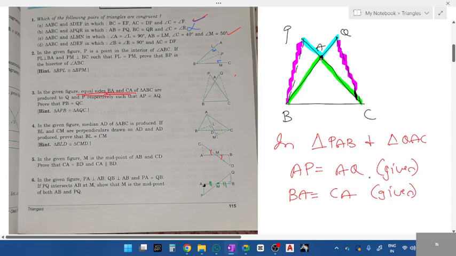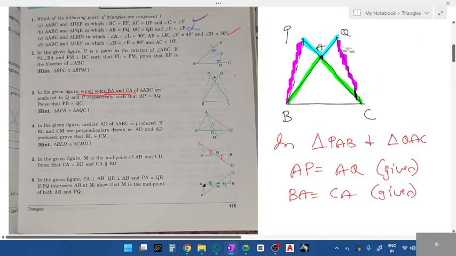What are the two things we have found so far? Angle or side? Both are sides, right? And what angle do you think is common to both? Which angle is common? Angle A is common. And where is angle A found? Can you see alphabet X? So what do you call that angle? Vertically opposite angle.